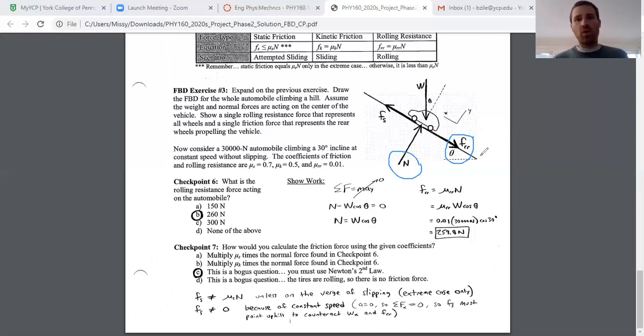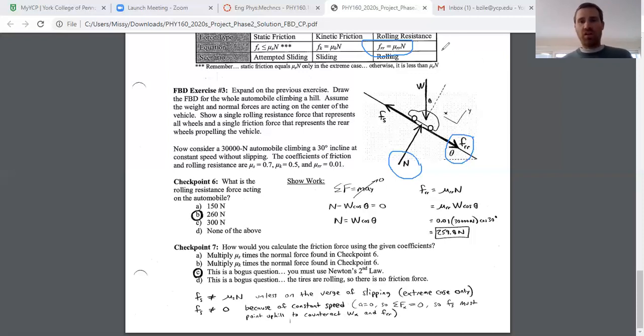So if the car is moving forward, the rolling resistance force points backward. To get its magnitude, that's up here in the table. We calculate it very similarly to the regular friction forces. You're given that mu RR value in your specification table, so you can get that from there.